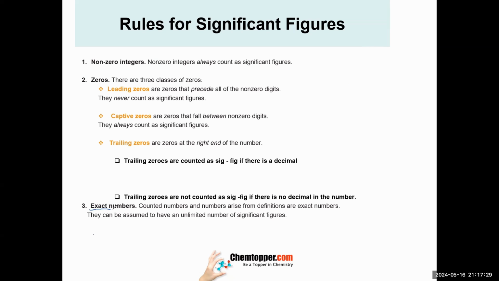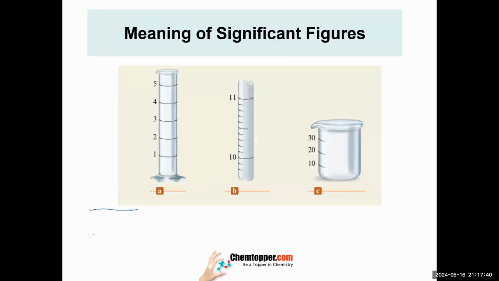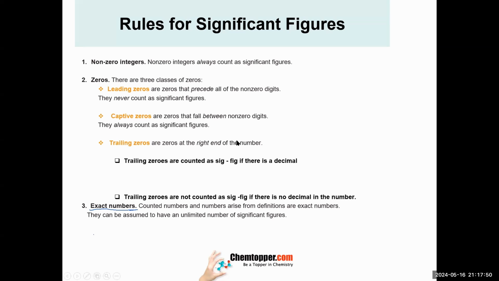Okay, the last rule is exact numbers. You know that we were talking about significant figures based on the type of the measuring device and how many divisions are there, how accurately it is telling you the measurement. But let's take a number which is not measured and is counted, like 10 apples.